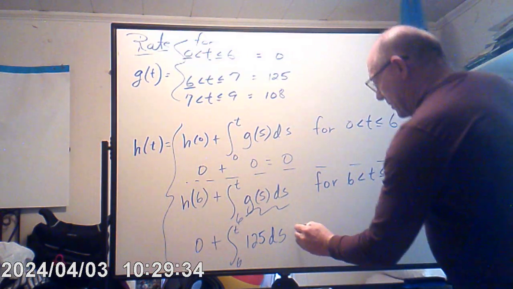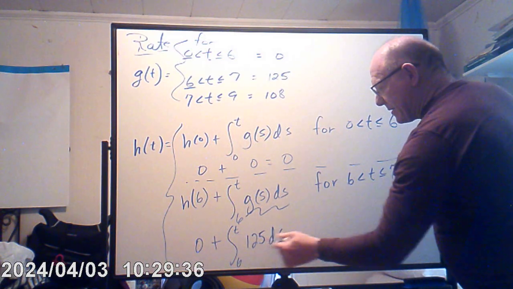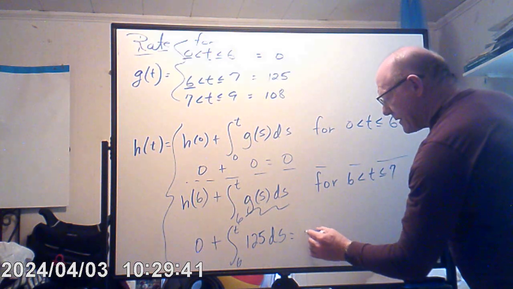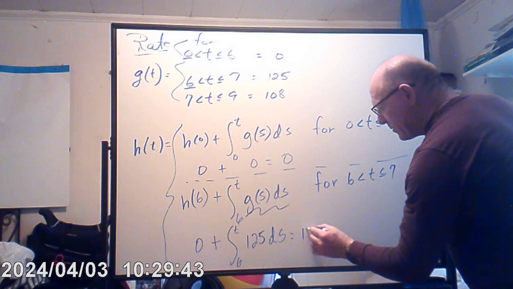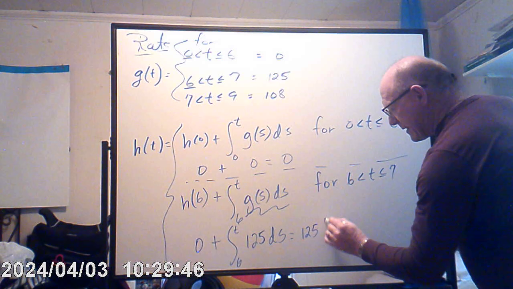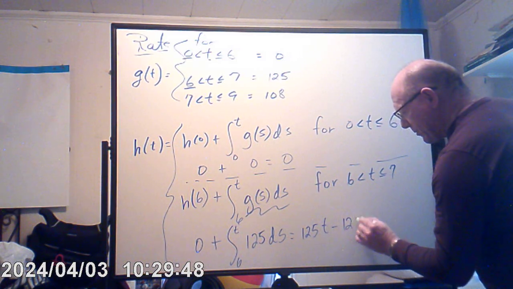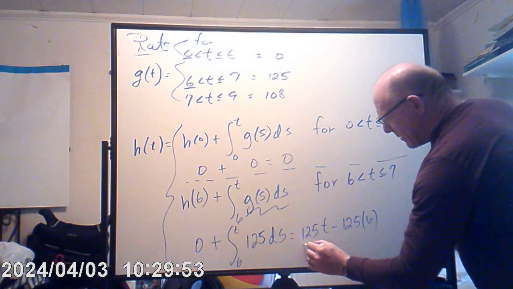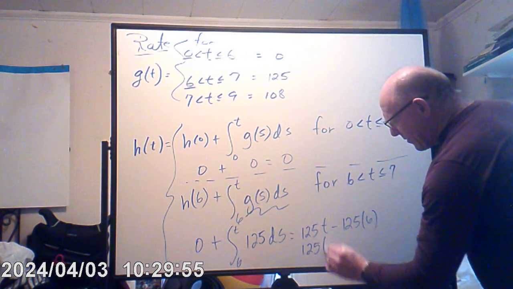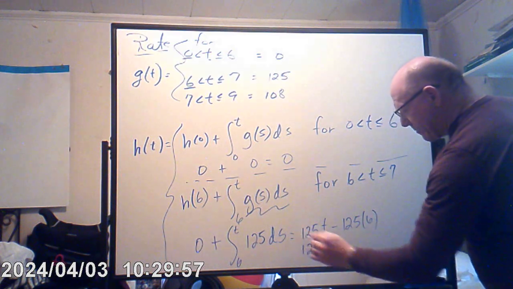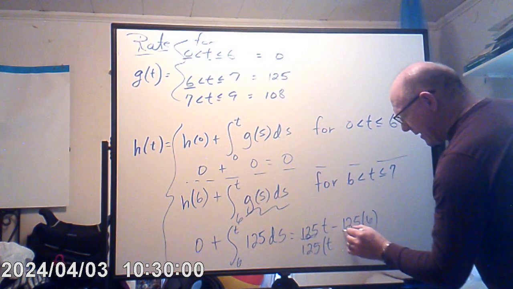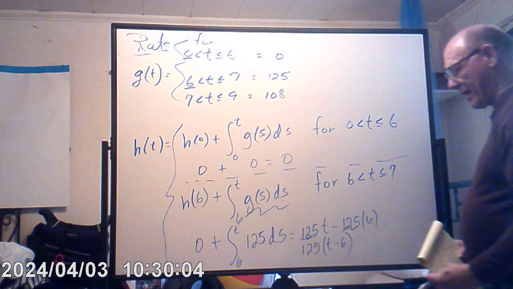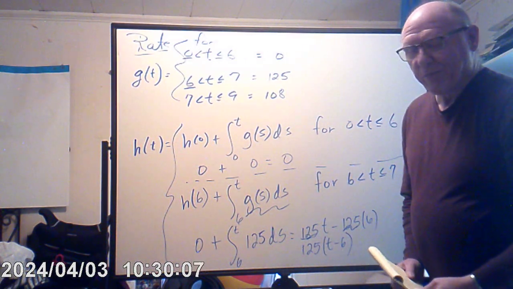So that is equal to 0 plus that, which is just 125t minus 125 times 6. And of course that would be 125 times t minus 6, taking out the 125. You can do that.